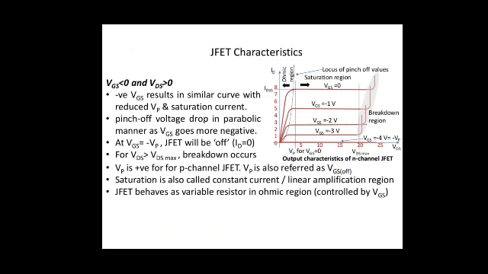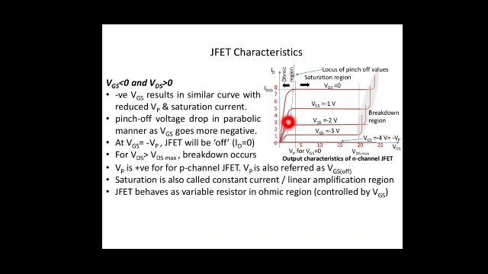First you start with VGS equal to 0, then VGS equal to -1, -2, -3, and so on. If you see this graph, for VGS equal to 0, IDS will vary with VDS, and after a certain value IDS will become constant.